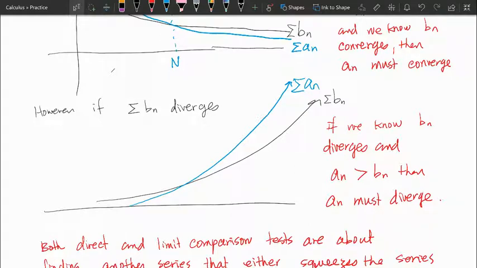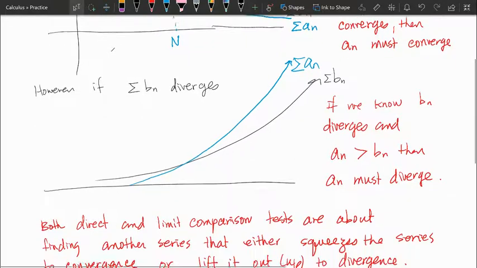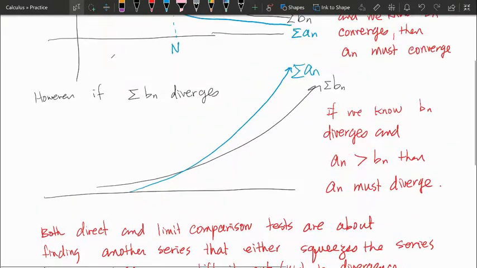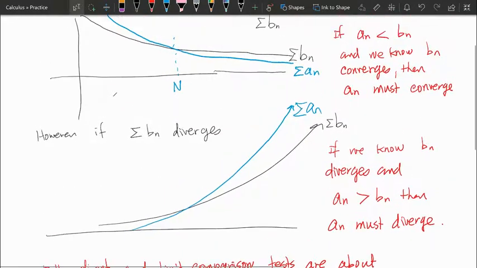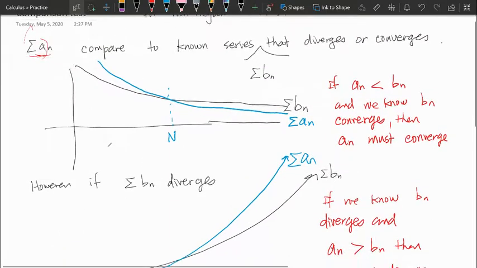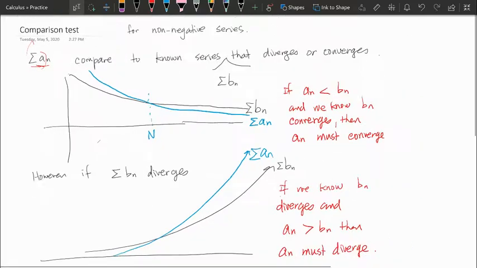If Bn diverges and An is higher than that, it has to diverge as well. It's going away from 0. So those are the two different ways that you can show either convergence or divergence by using a comparison test.